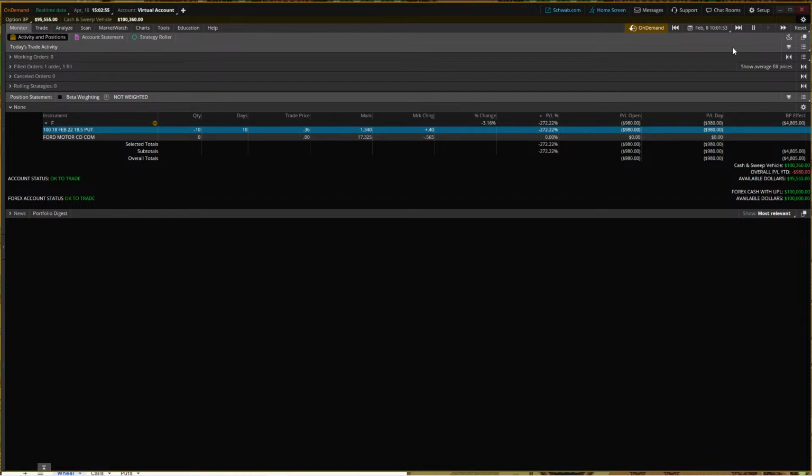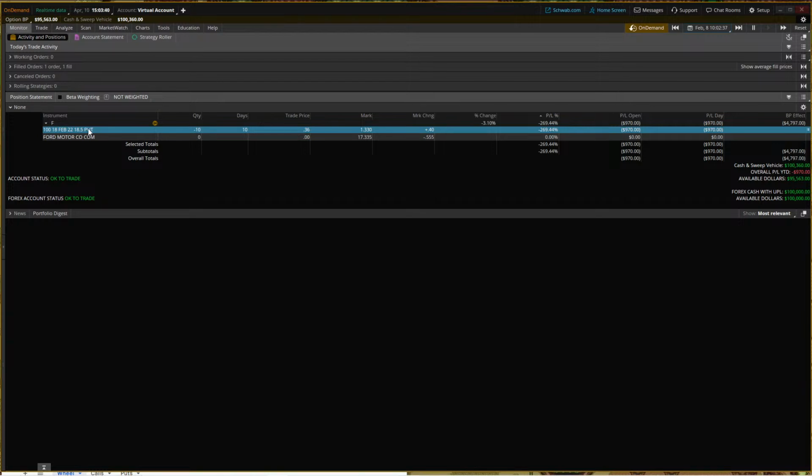We could let this play out through next week and take assignment on them, but we would be taking it at 18.5, so we'd be paying more than we need to, locking in a loss there. Probably not the best thing to do. If it hits our stop, we're going to get out of the position.